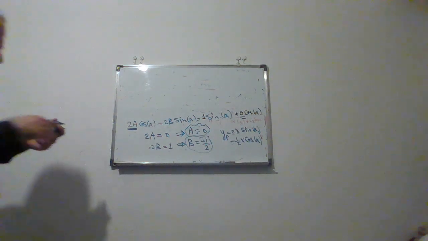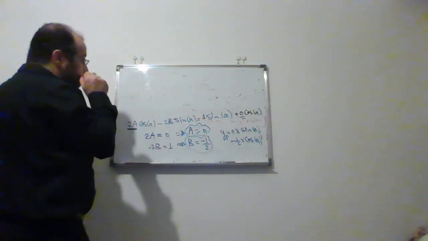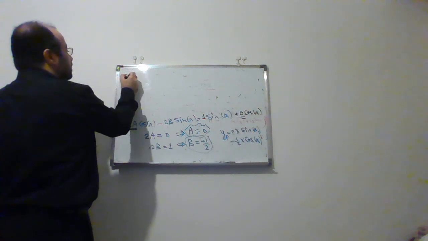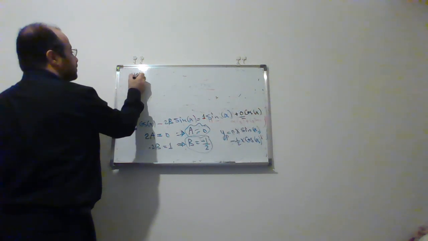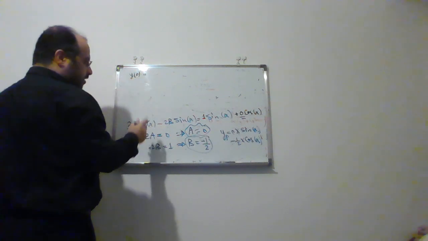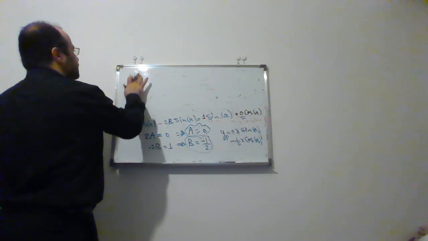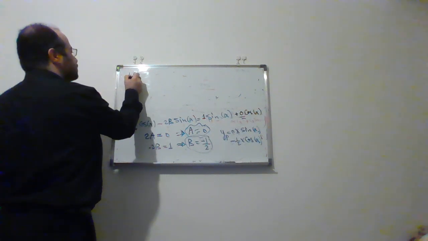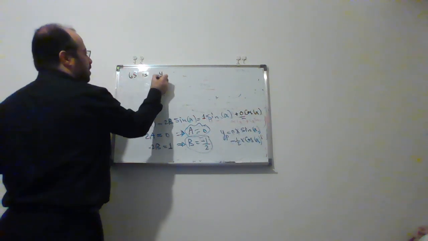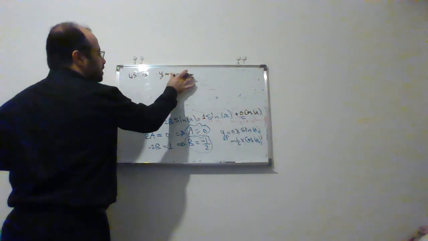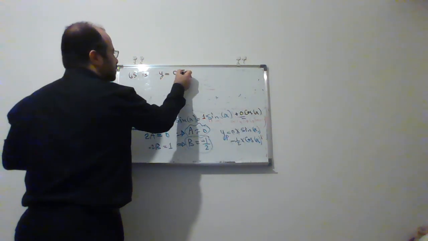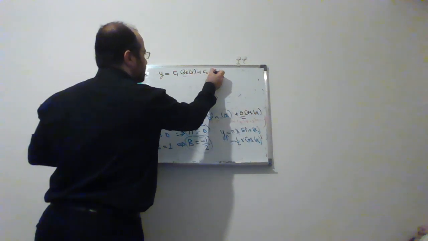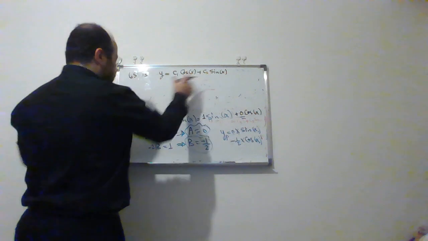Now, I don't remember the initial conditions, to be honest with you. Before doing this, I'm going to write the general solution. The general solution is y equal y homogeneous, C1 cosine x plus C2 sine x, and this is the homogeneous part.